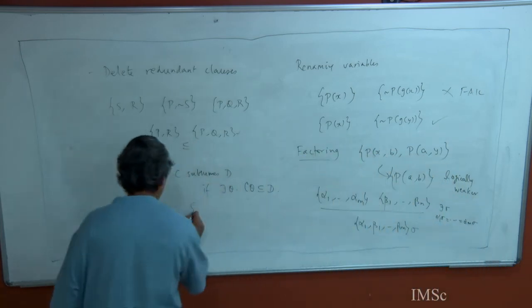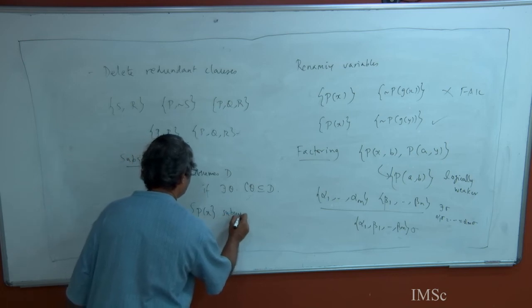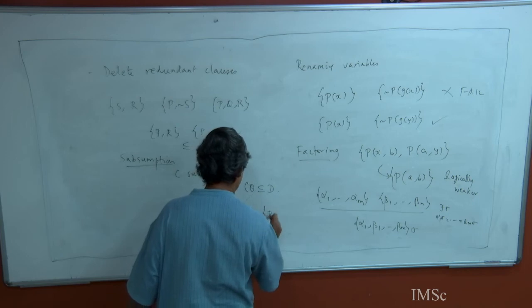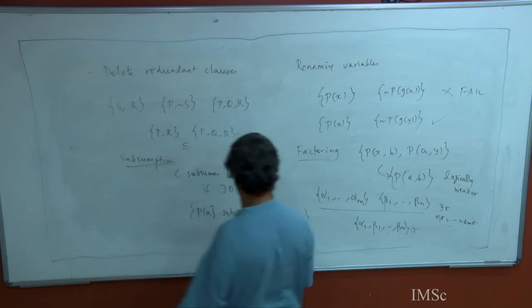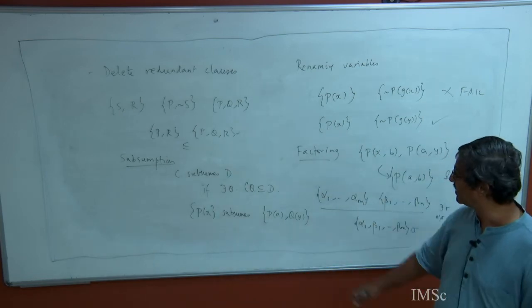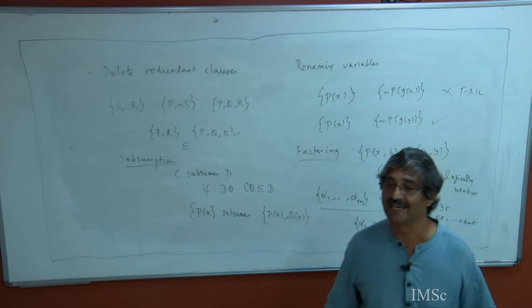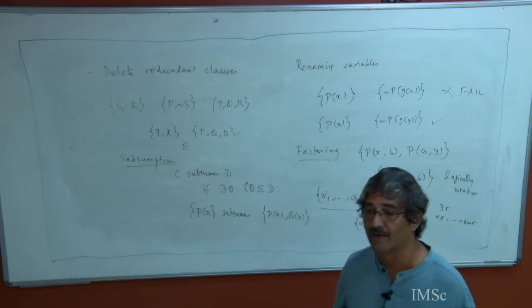So the idea is that Px subsumes what? Under a substitution, this thing is actually contained in this, because these are disjunctions, right? And therefore it's important that a smaller one is what you want.